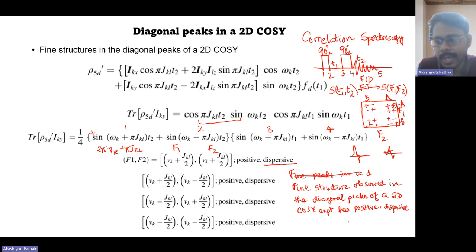Okay, so in the next slide, we will look at how this dispersive line shape looks.